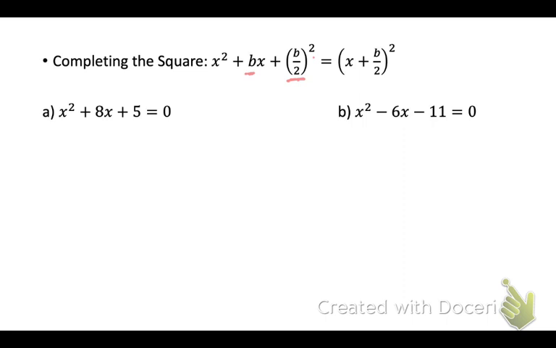I'm going to write that. And then this factors every single time to x plus b divided by 2 squared, or minus. If this right here is a minus, then it'd be a minus.